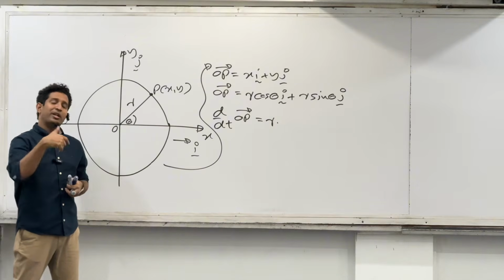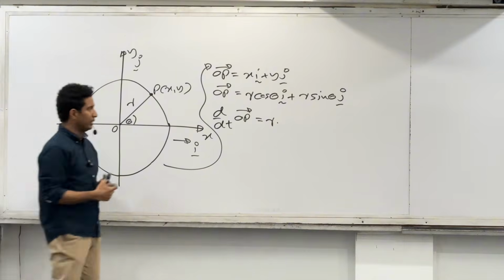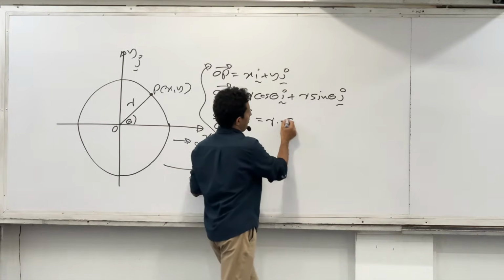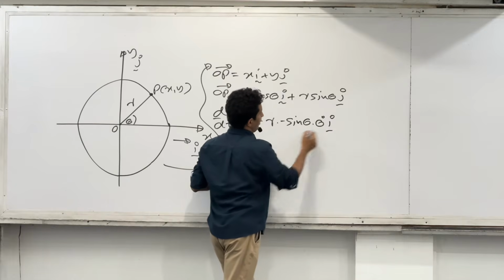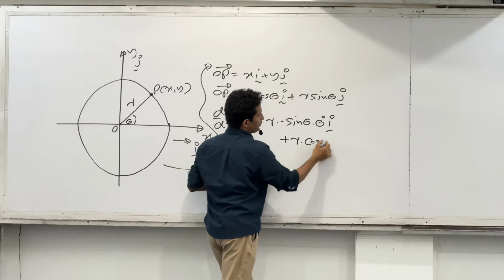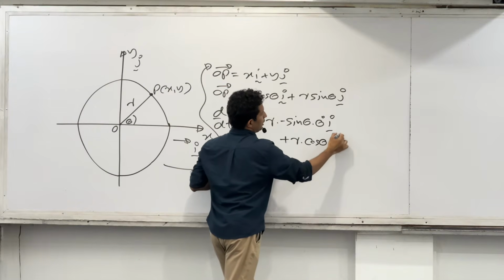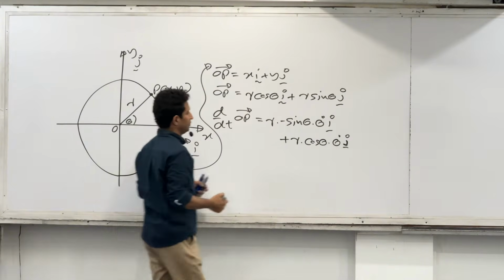Cos theta becomes minus sin theta times the differentiation of theta, d theta over dt. Here we have r times minus sin theta into theta dot times i, plus when you differentiate this one, r times cos theta into theta dot times j.